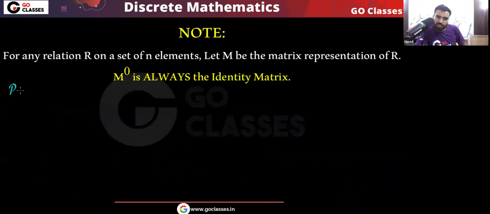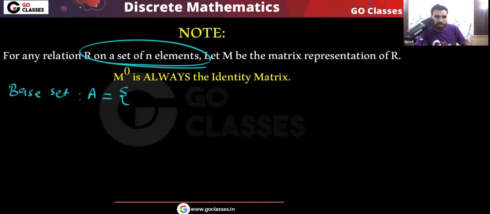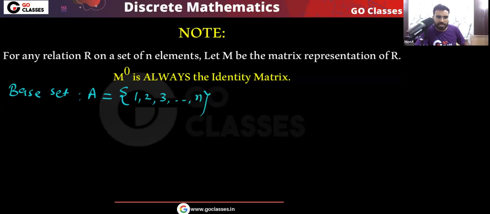Okay. So let's assume that your base set is A. And let's assume in the base set we have a total of n elements, like 1, 2, 3, and so on. Then remember, M power 0 is always the identity matrix.